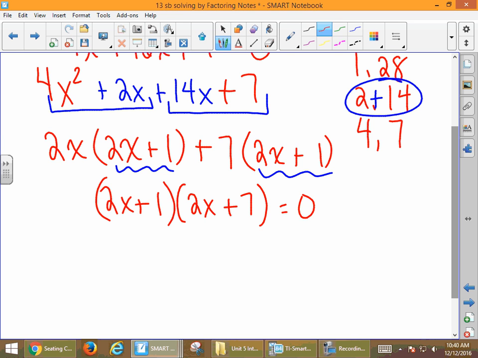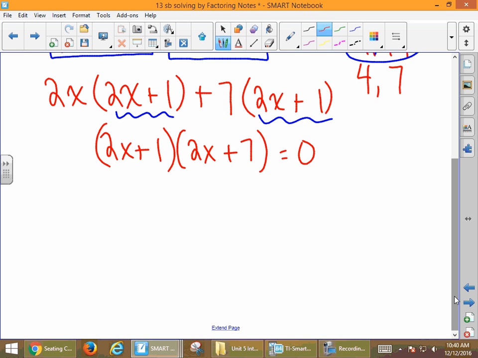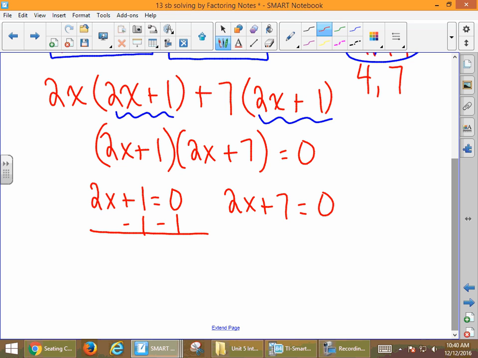And we're going to use our zero product property, which says that we're going to set each of those factors equal to 0. It's either 2x plus 1 equals 0, or 2x plus 7 equals 0, or they both do. We're going to subtract 1 from both sides.